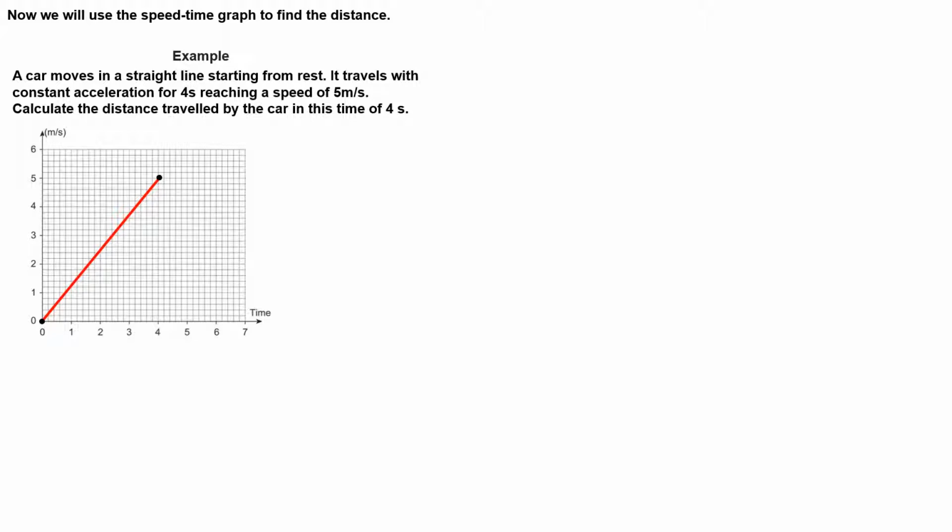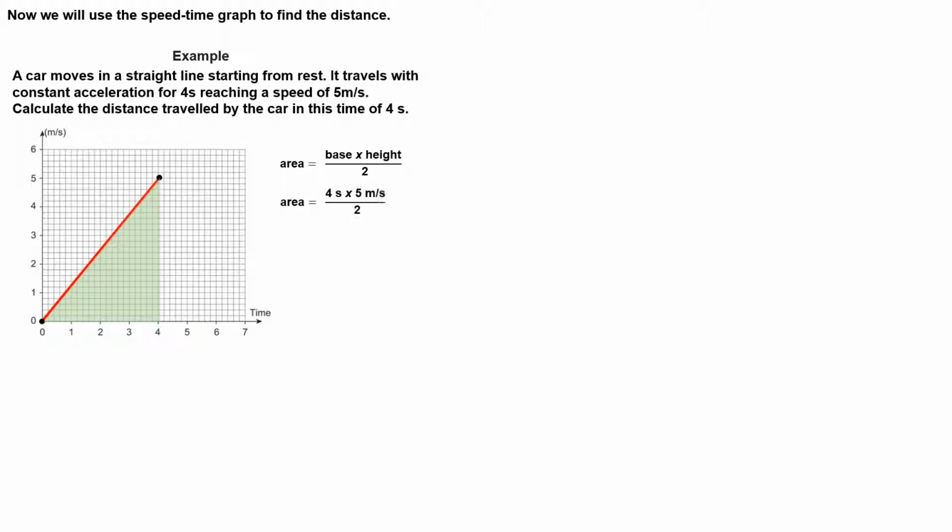Now, let's calculate the area under the graph. If you do not remember how to find the area of the triangle, you should see this video before continuing. Area of triangle is base times height over 2. The base is 4 seconds.